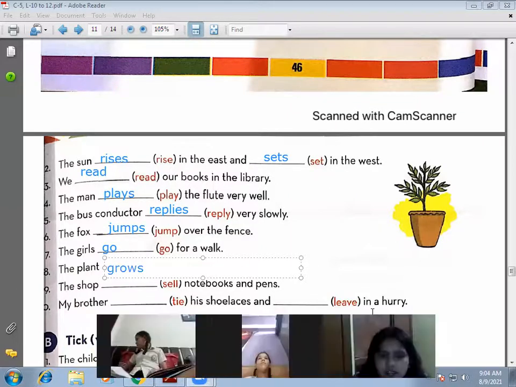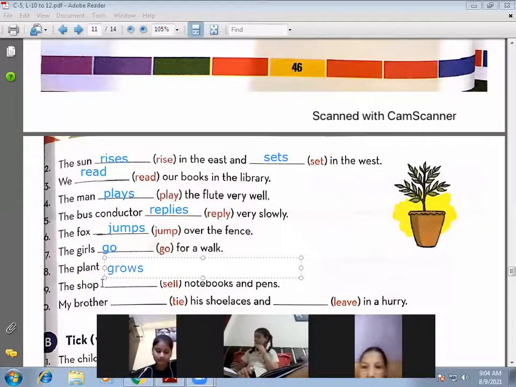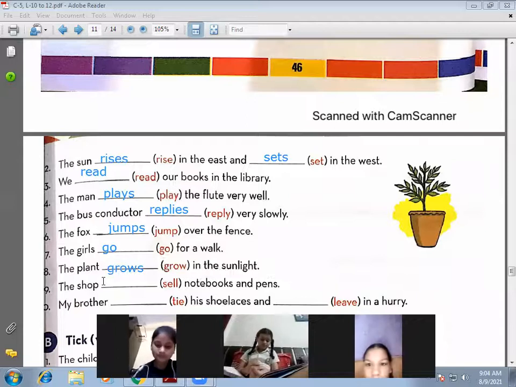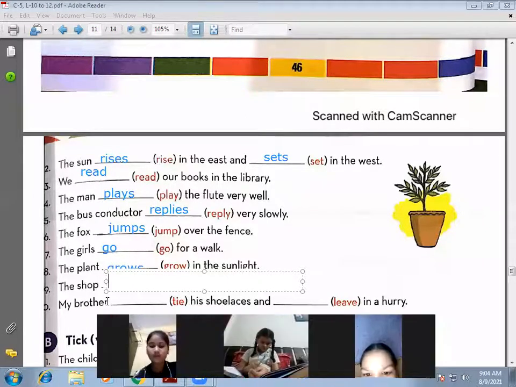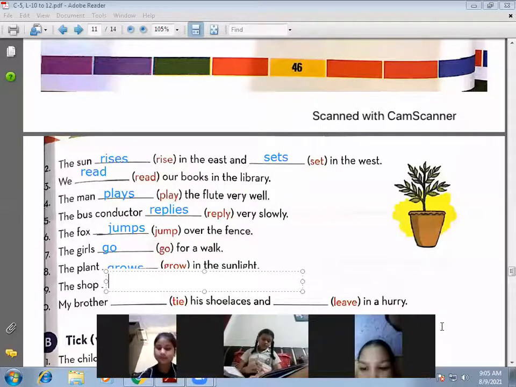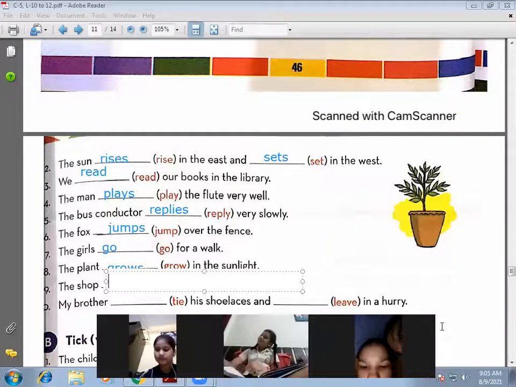Mute yourself. Ashmita. The shop dash the notebooks and pens. Ninth one, Ashmita. Quickly tell me the answer of ninth one.